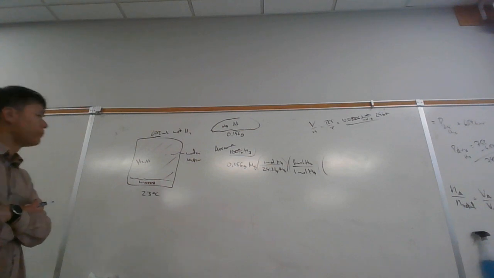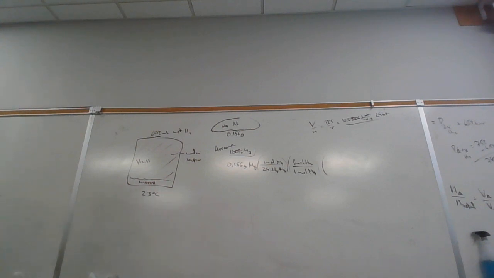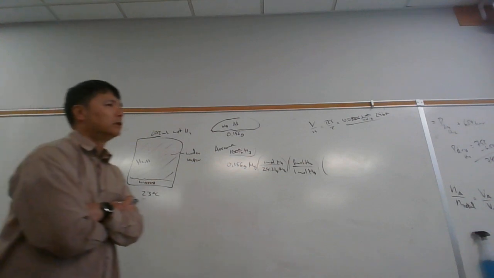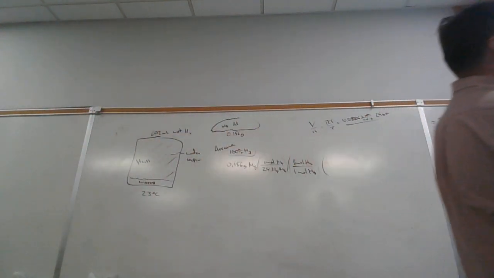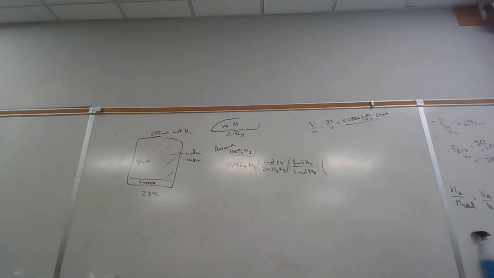So, we'll just use that. Subtract 21.07 from 752 and then convert it to atmospheres. So you're going to take 752 minus 21.07, which is the vapor pressure, and convert it to atmospheres, and that would be the pressure of that.